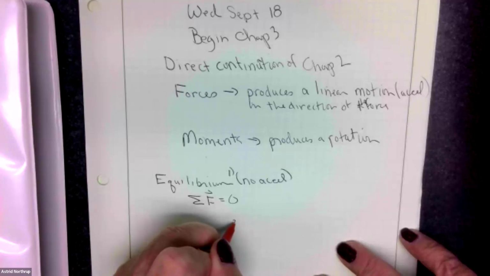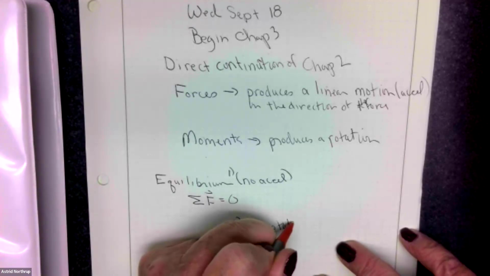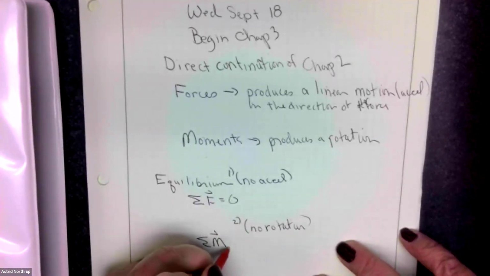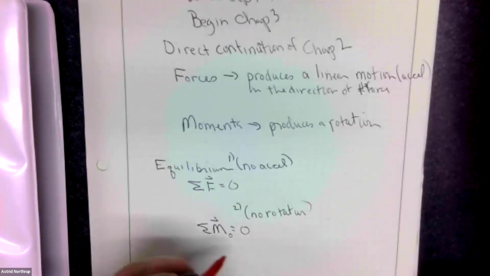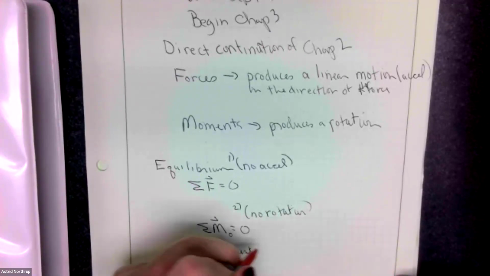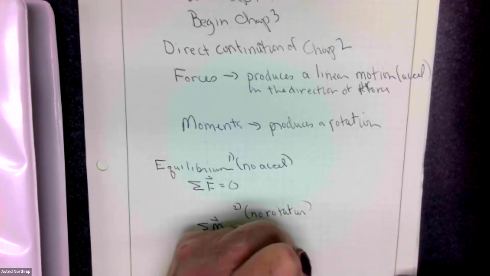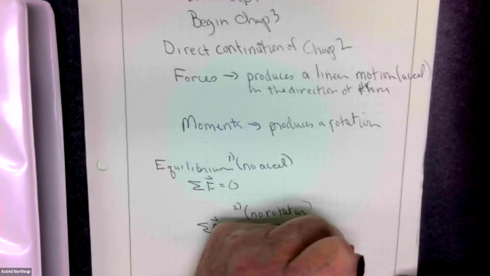And for no rotation to occur, the summation of moments about any given point also has to equal 0. So this brings up an interesting idea. A moment is a force acting through a distance.